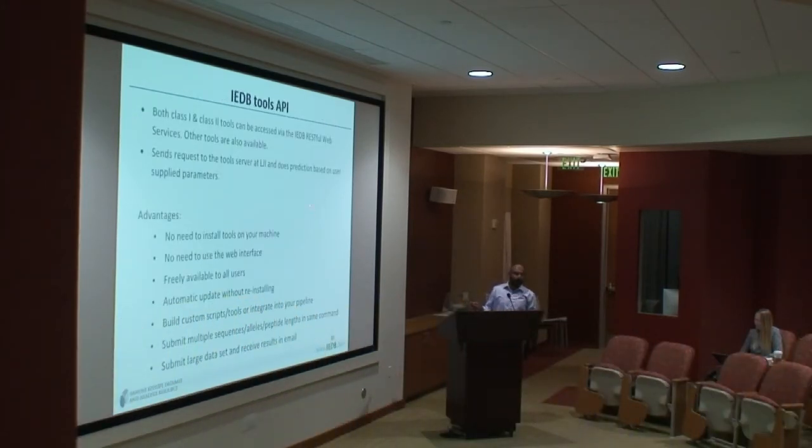We have this API service for both Class 1 and Class 2 tools, and also some other analysis tools. And as I mentioned, it sends the request or parameters to the servers at LJI, and the prediction is done based on your supplied parameters and sends the results back to your computer.